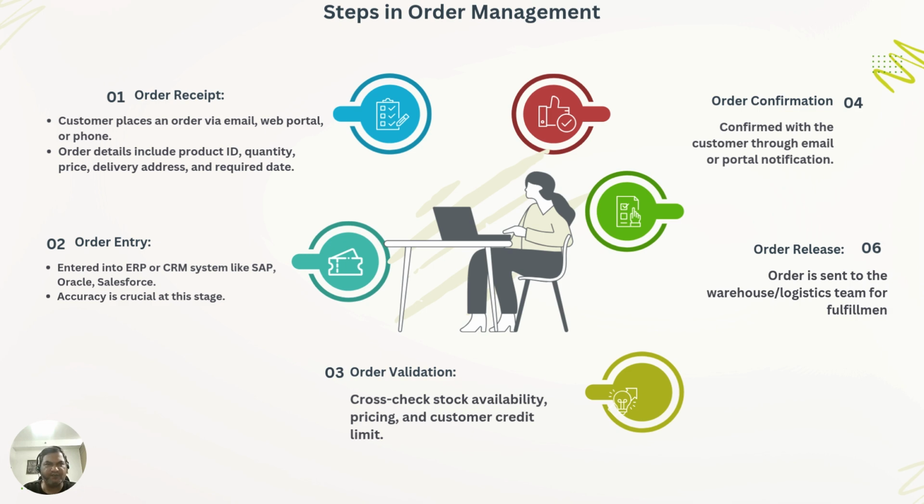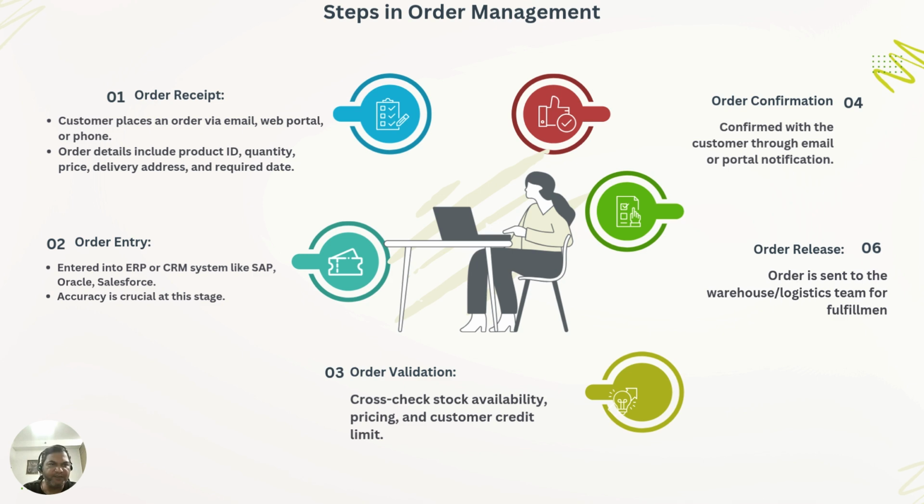So this first step is about you receiving an order. The order has all the details like quantity, quality, address, and anything and everything related to the order. You can refer back to the purchase order section that we have spoken about in our accounts payable videos.